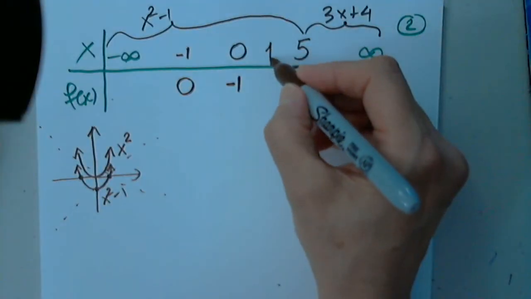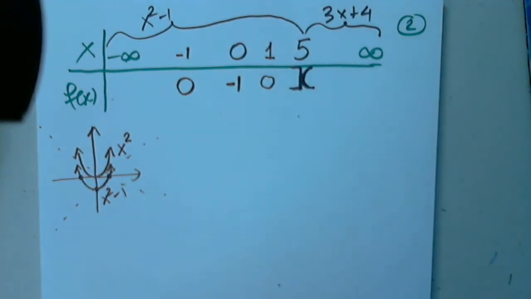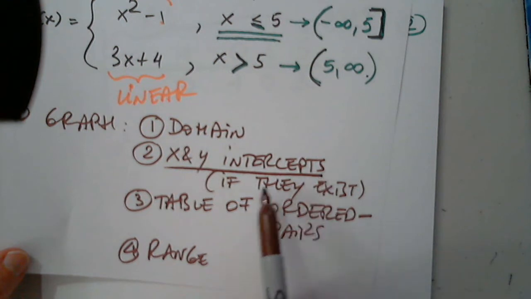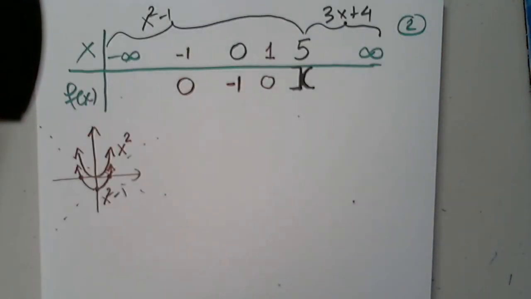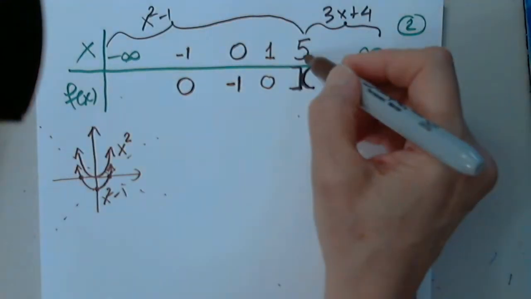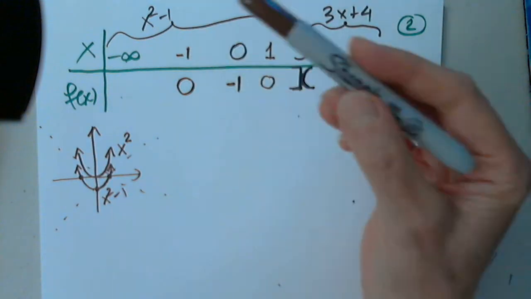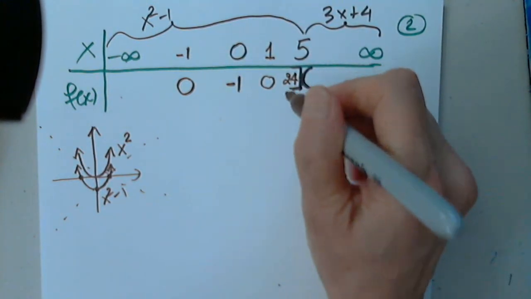And it will also cross at 1, because 1 minus 1 is 0. So I always look for the x and y intercepts, if they exist. Okay, so now I will plug in 5. 25 minus 1 is 24, and I will write the answer right here inside the bracket.